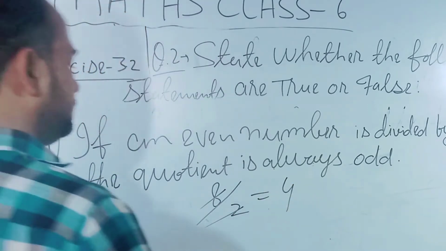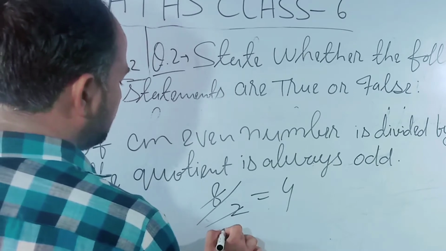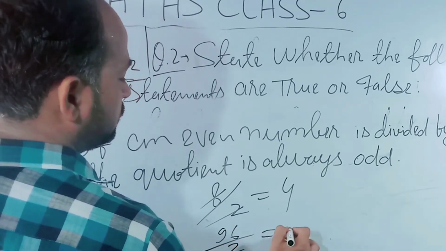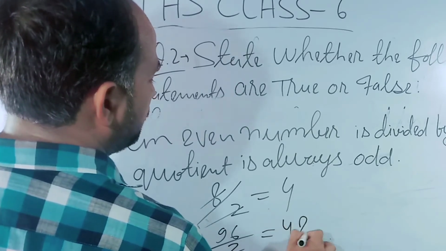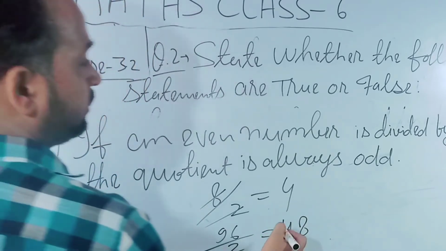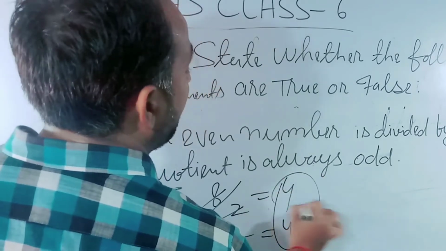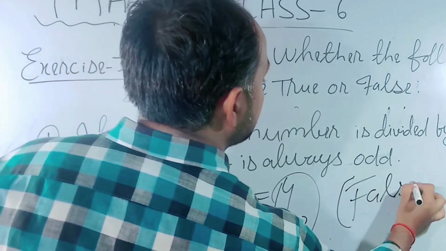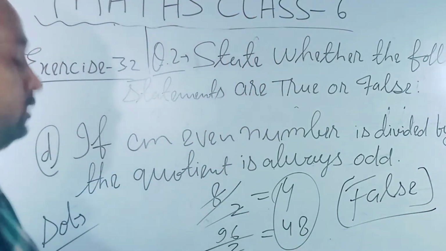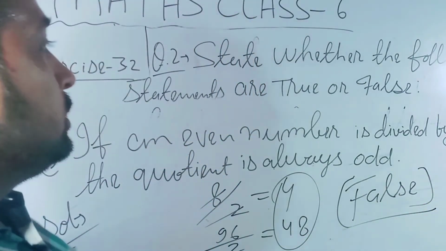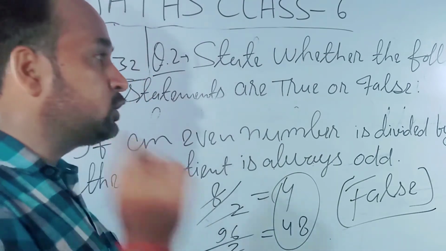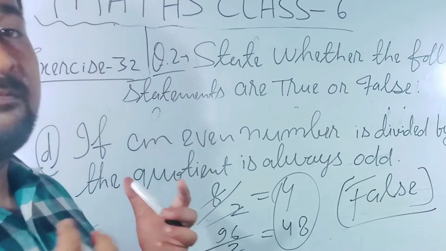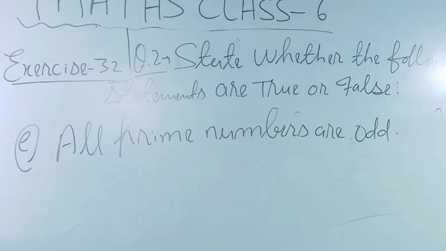I am taking a bigger one, suppose 96 divided by 2. 2 times 4 is 8, 2 times 8 is 16. It's also an even number, so it is false. Children, we need to understand each concept deeply, then we will be perfect in mathematics.